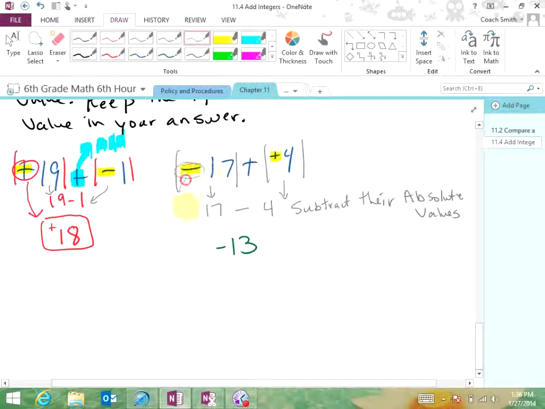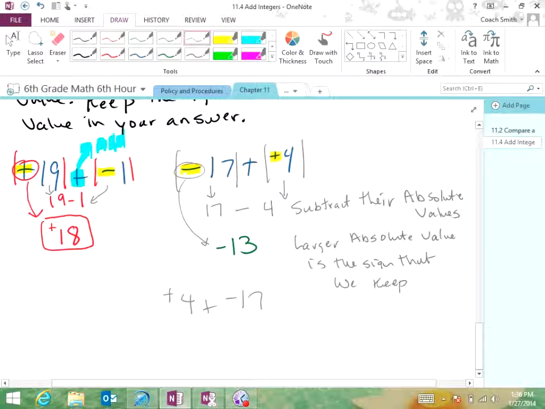The larger absolute value is negative, so remember, the larger absolute value is the sign that we keep. In other words, if it looked like positive 4 plus negative 17, it doesn't matter which number comes first, it's which number has the larger absolute value. That's still negative 13.